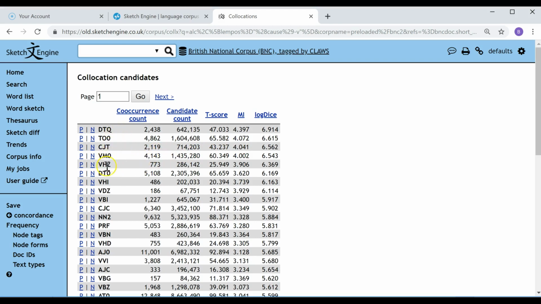And if we look down this list, NN2, so that's plural nouns. The problem with this way is that we only get plural or singular because of the way the tags work. But it still is a possibility.